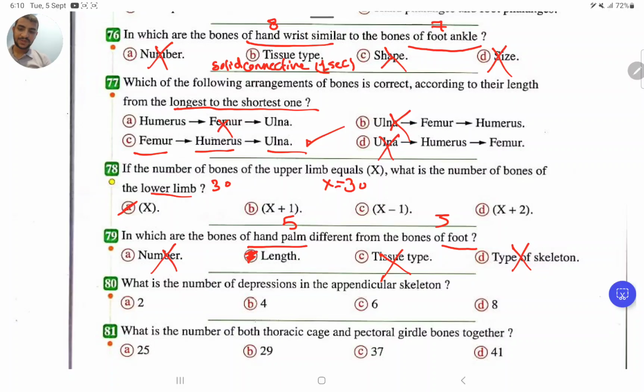80. What is the number of depressions in the appendicular skeleton?